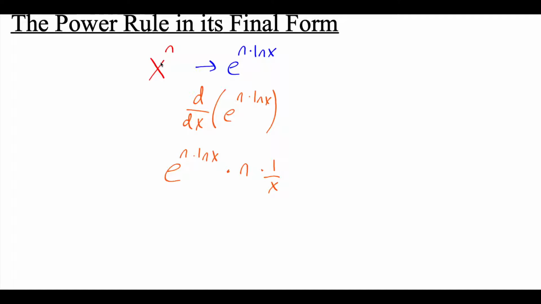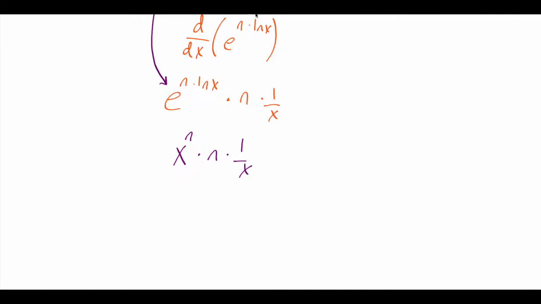Now from earlier, we said this e raised to the n times the ln of x came from x to the nth power. So I'm going to re-substitute that back in here for that e exponential. Then this is going to say x to the n times 1 over x. I'm going to do a little rearranging and take that n and move it to the front, so it's n times x to the nth times 1 over x.